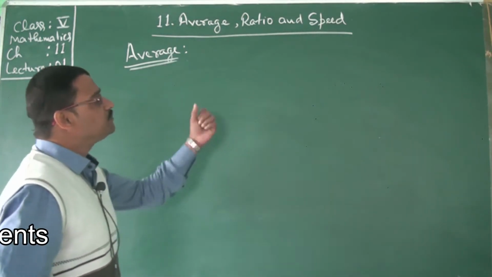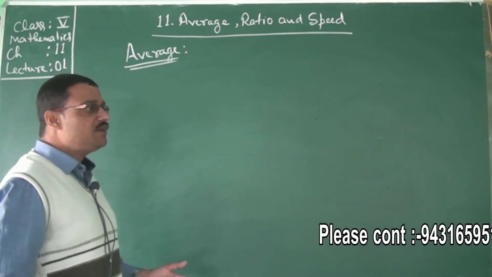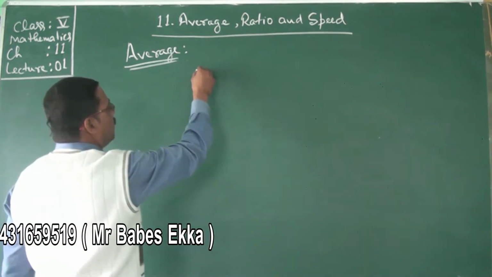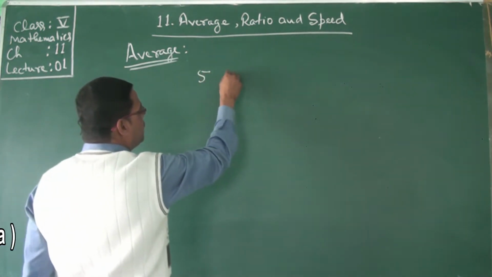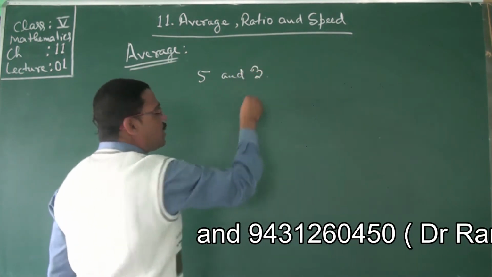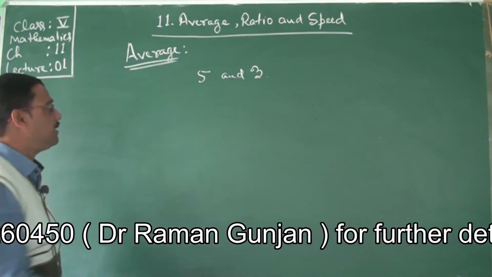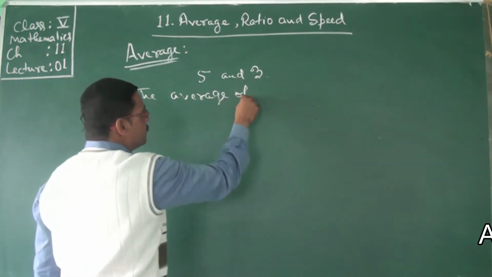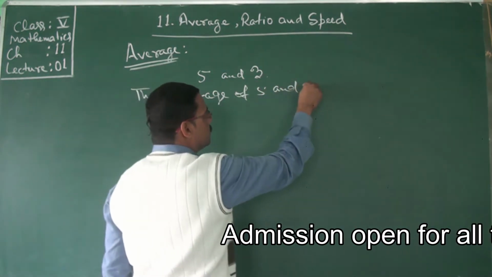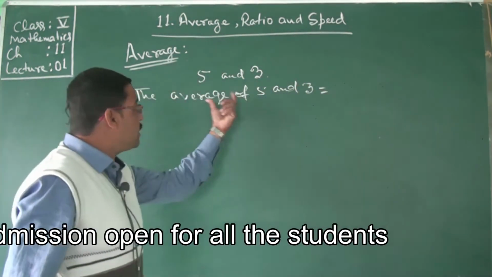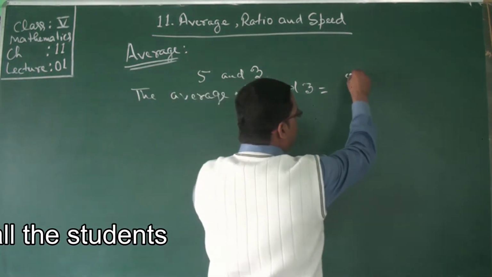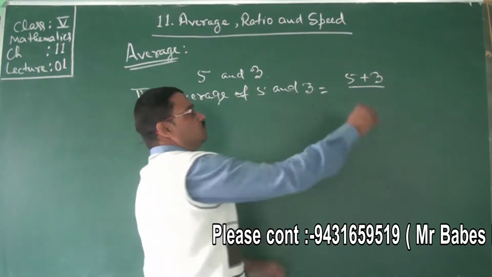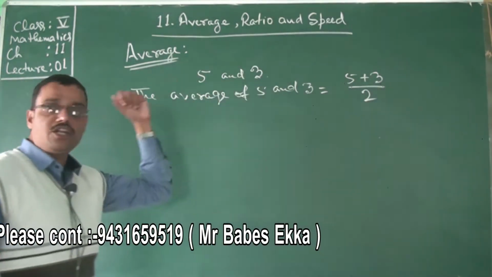But to explain you better, if we consider two quantities, say one number is 5 and one number is 3, and you are asked to find out the average of 5 and 3, the average of 5 and 3 will be equal to, as there are two numbers 5 and 3, so we will take the sum of these two numbers first and divide it by 2, because there are only two numbers.